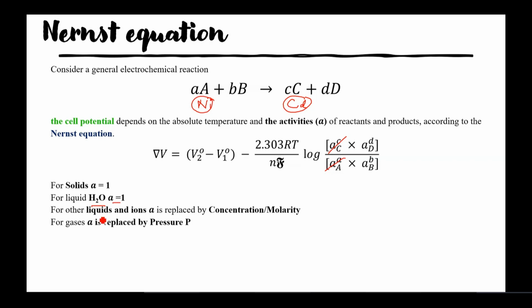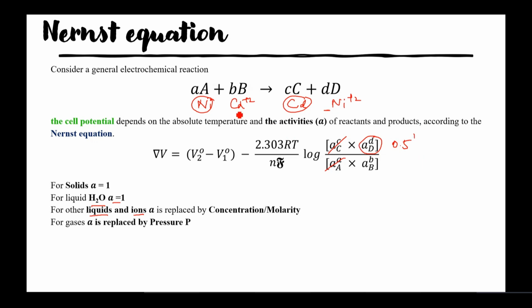Okay sir. But if you have any liquids and ions present, let's say you have Cd+2 ions here and Ni+2 ions here, then you would replace the activity of D. The activity of D would be replaced by the molar concentration or molarity. 0.5, let's say it is, to the power of the number of moles of Ni+2, which is in this case 1.